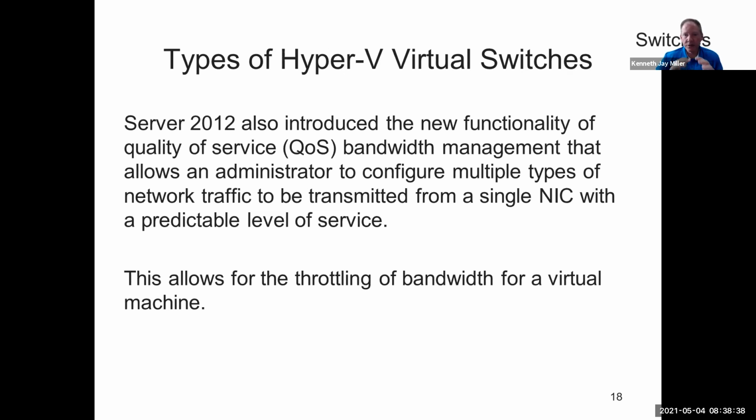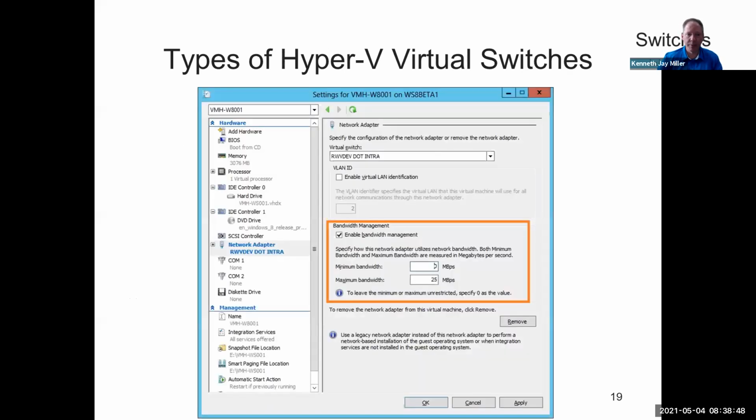Some traffic, we want to make sure it never slows down, and other traffic, we're okay if it slows down. And the classic example of that is with our voice over IP or our video over IP traffic. We never really want our voice communication or our video communication to stutter or pause or buffer, right?